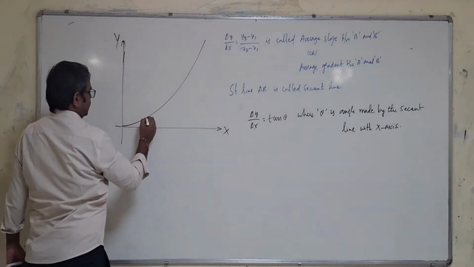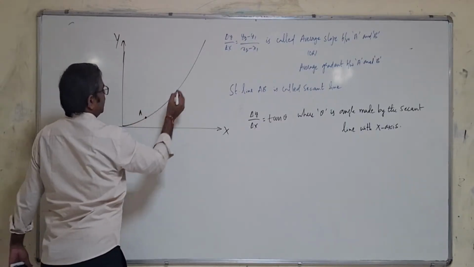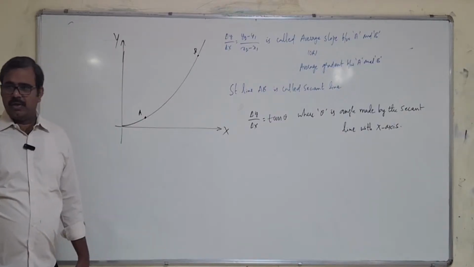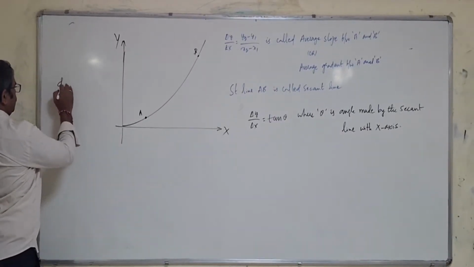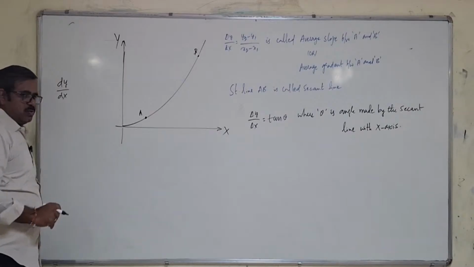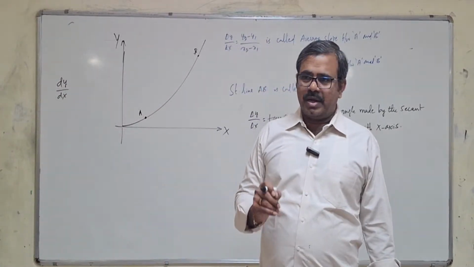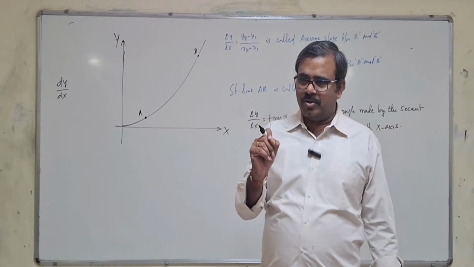This is the graph that we were discussing between points A and B. So dy by dx is what? The rate of change in y with respect to x at one particular value of x.